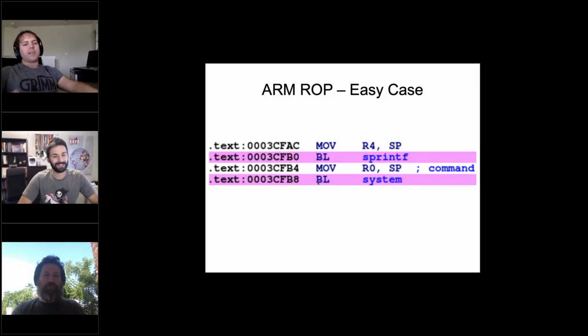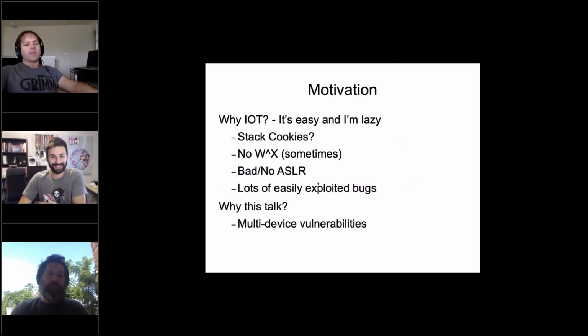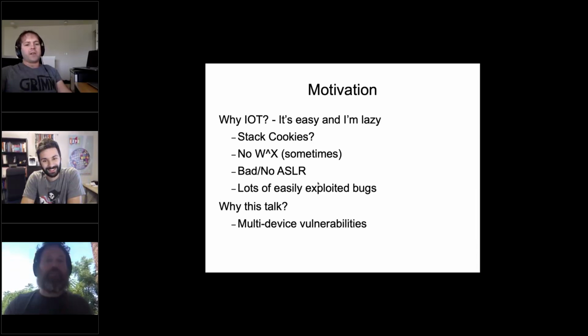And so as we've seen, I don't need the gadgets in libc and the other libraries because I have gadgets in the web server. So that's what I meant by bad ASLR or no ASLR. I kind of fused the two terms of PI because I didn't really want to get into it too much, but by bad ASLR, I mean they don't compile them PI.